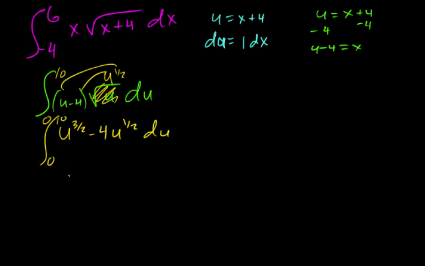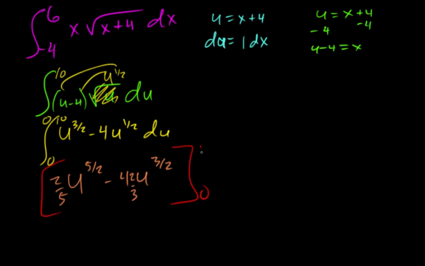Okay, now we take the antiderivative of each piece. Let's simplify that before we do anything. Okay, so 2/5 u to the 5/2 minus 8/3 u to the 3/2.